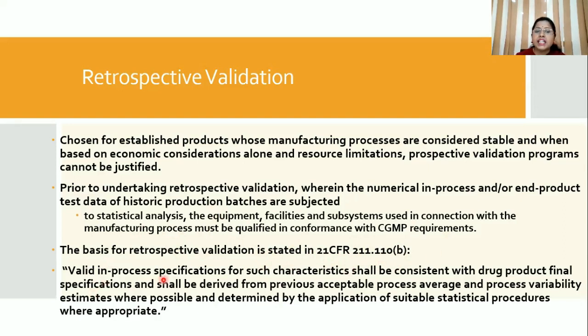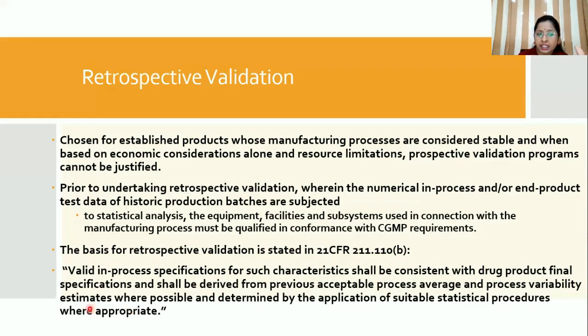So it says valid in-process specification for such characteristics shall be consistent with the drug product final specifications and shall be derived from previous acceptable process average and process variability estimates.